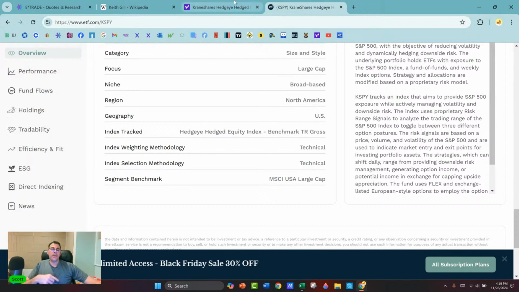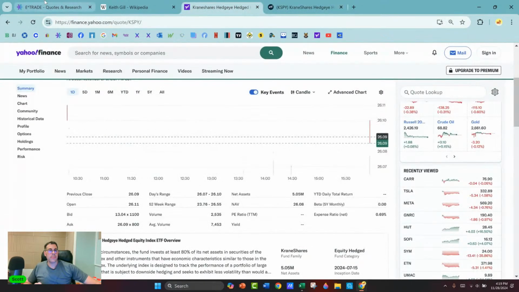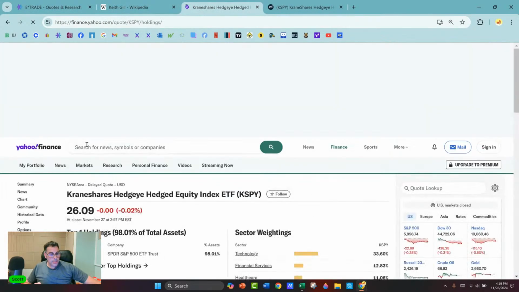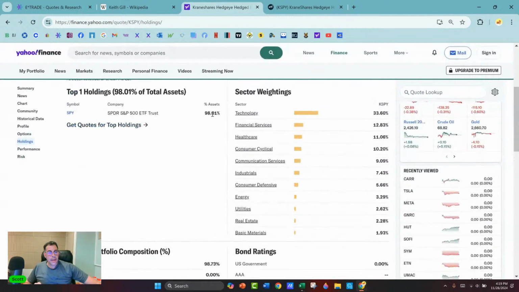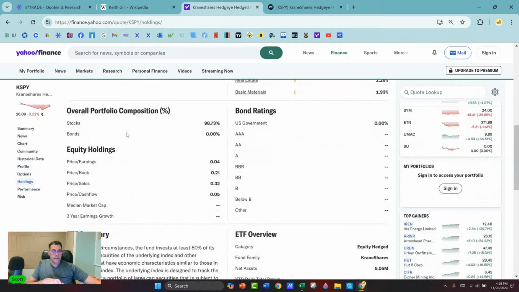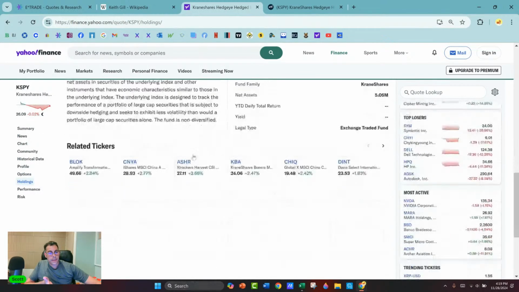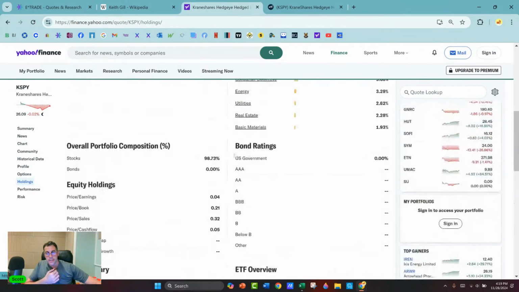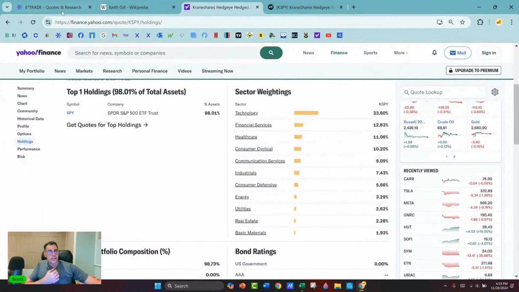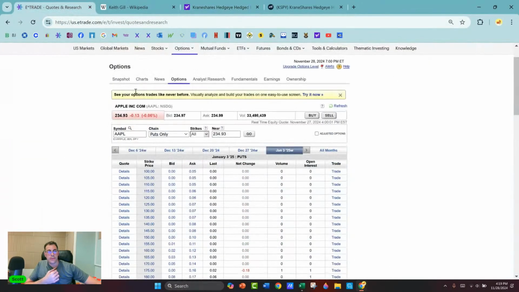Oh, they might use options to protect your downside, but they still just invest in the S&P 500. 98% of the money that goes into KSPI is invested in the S&P 500, but they don't talk about the options. I don't see any. Maybe in E-Trade they do.